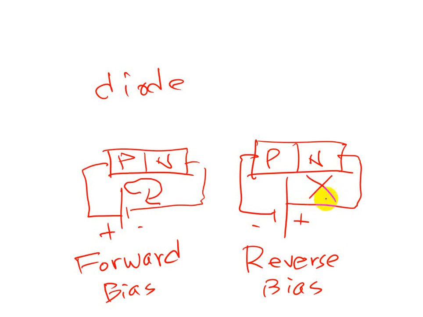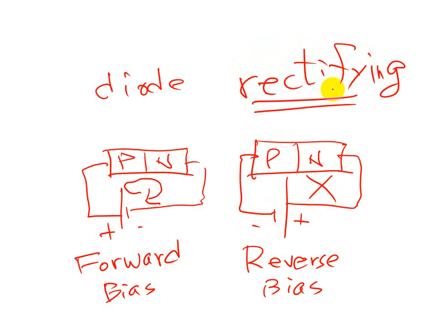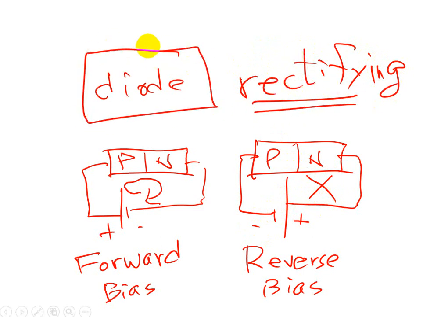No current comes through, so it has a rectifying effect. This is called a diode. Okay, this concludes this section of the diode introduction.